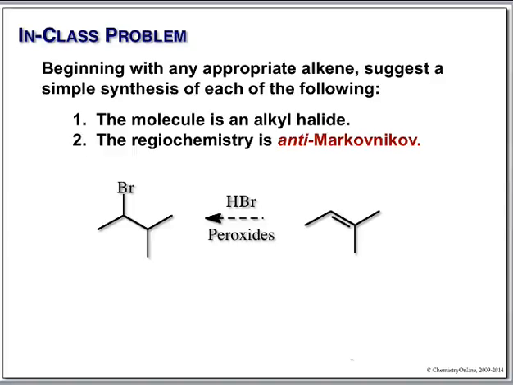Yeah, that's a butene. 1, 2, 3, 4, so it's a butene. This would be a 2-methyl-butene. Alright. So we looked at this. We said anti-Markovnikov alkyl bromide. I know I'm going to use HBr peroxide. All I have to do is write an alkene that would give me that product.